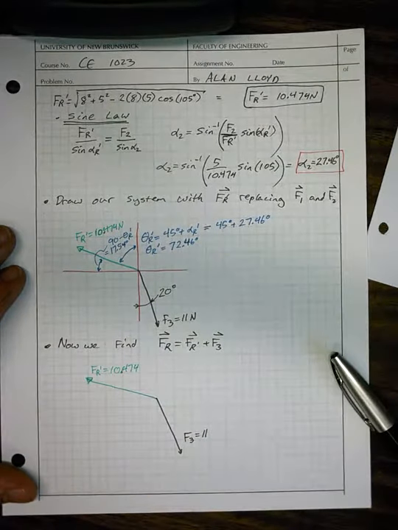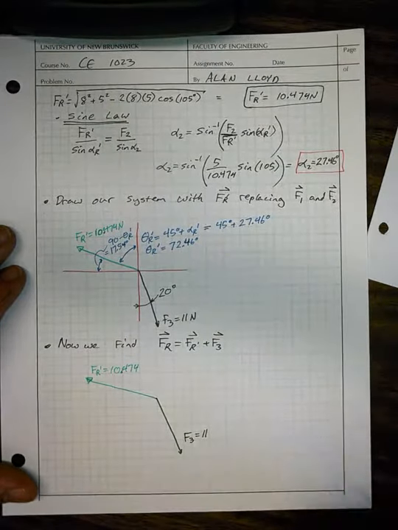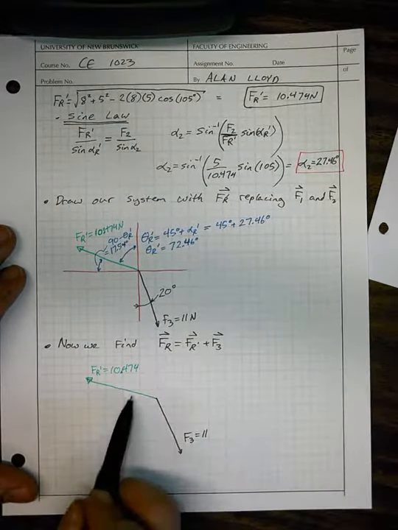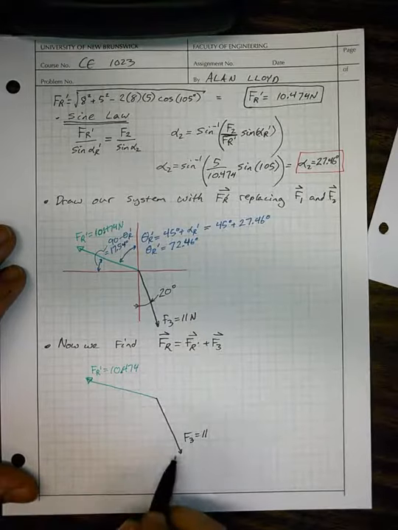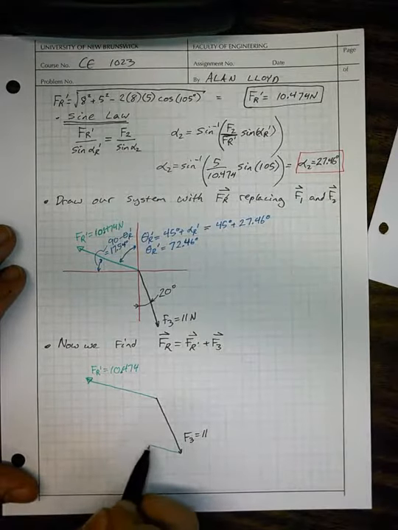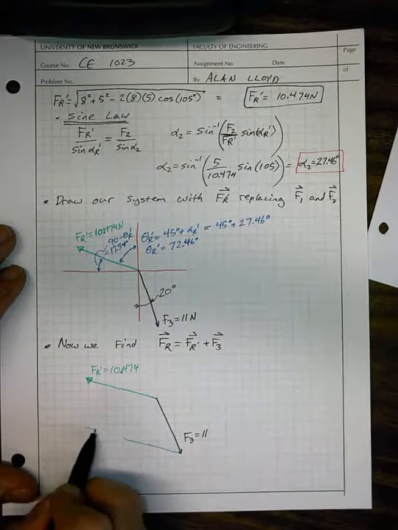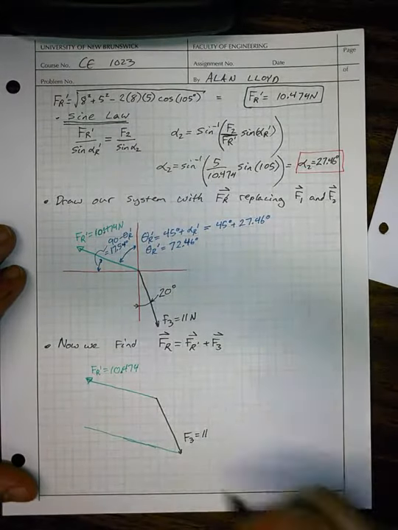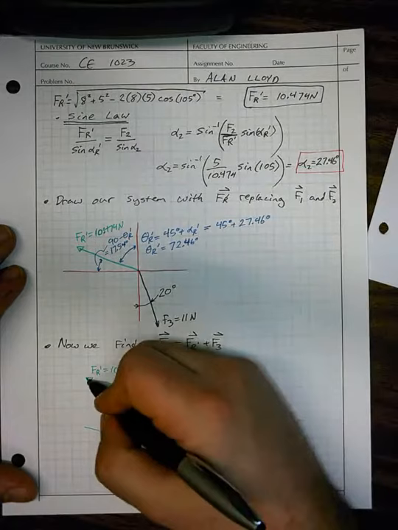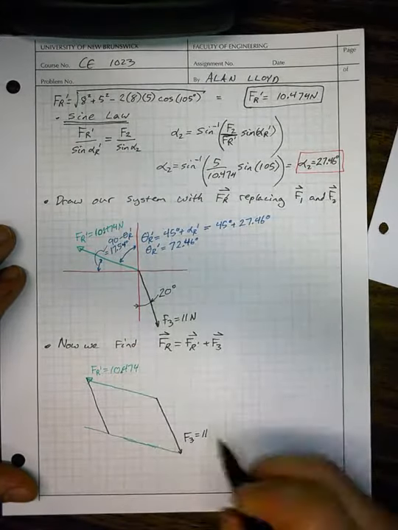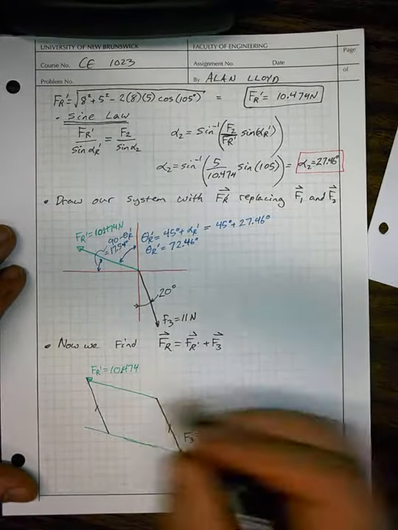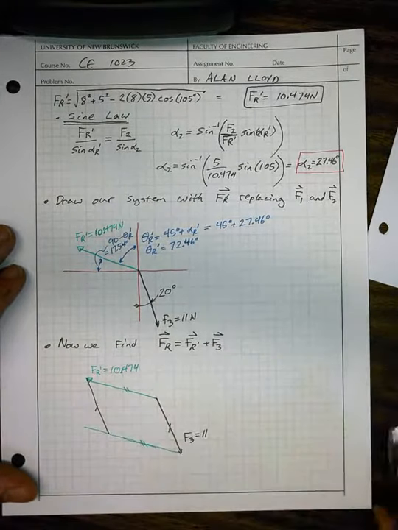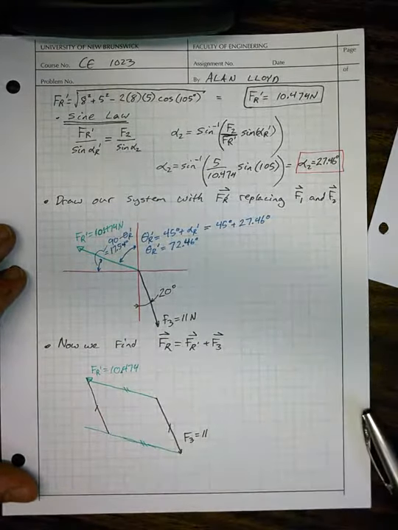Now, with our parallelogram law, we simply need to draw the line parallel to this vector at the tip of the other vector. And the same thing on the other side. We can say that this line is parallel to this line, and this line is parallel to this line, and this gives us some information.